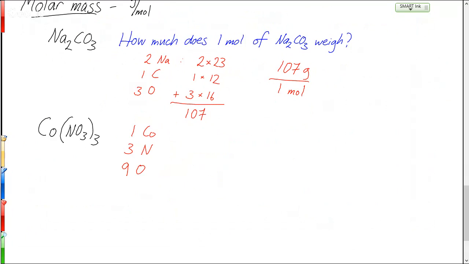So what'd you get? 245. So for cobalt nitrate, we got 245 grams per mole.